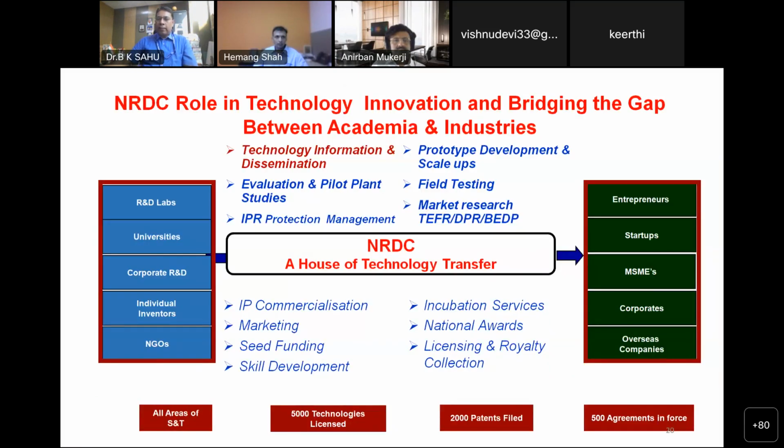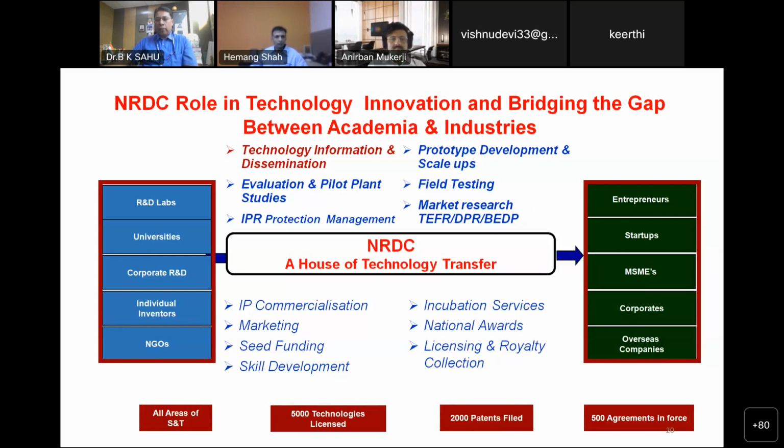NRDC, as a national organization, is part of this innovation journey, connecting mind to the market, connecting the bridge between academia and industry, supporting, handholding, managing IP, evaluation, IP commercialization. We have been providing seed funding to startups.